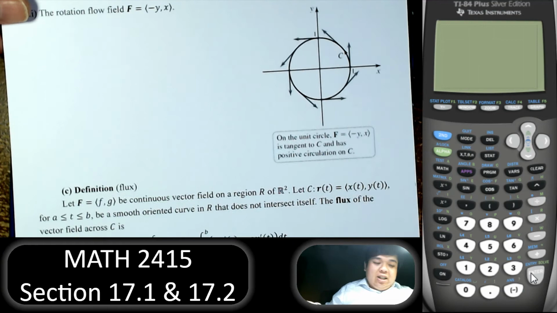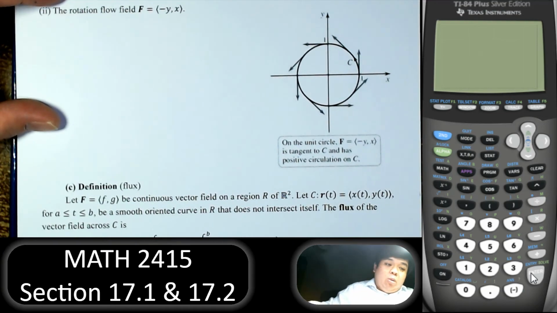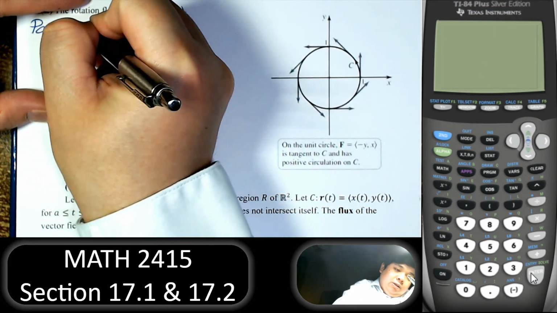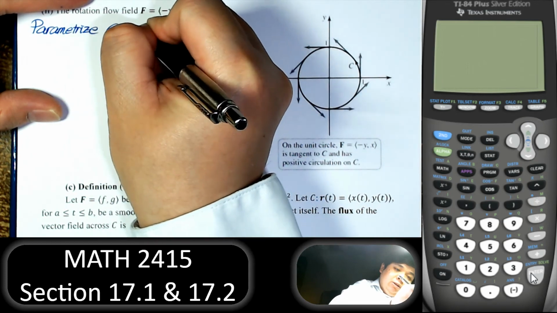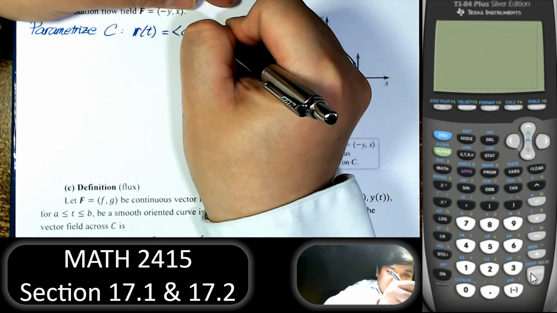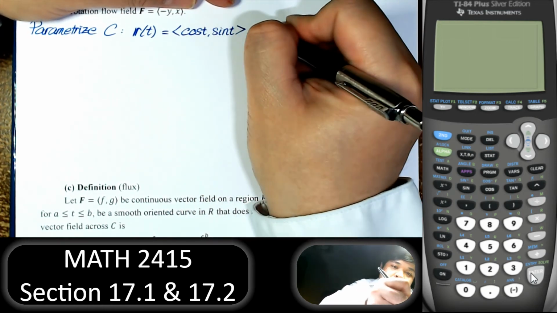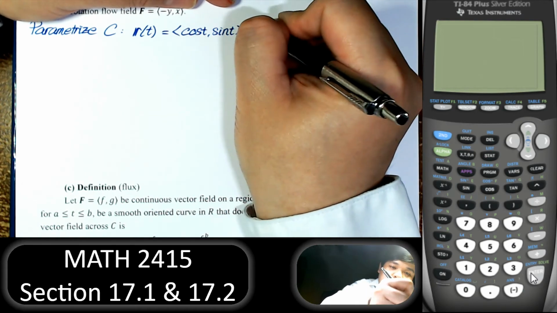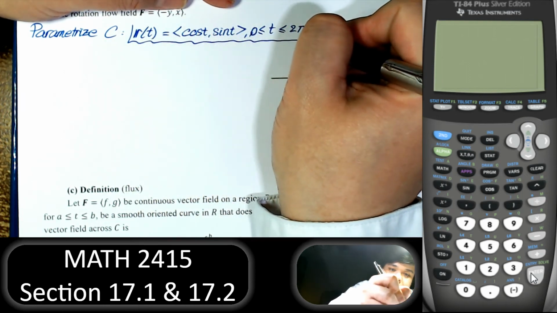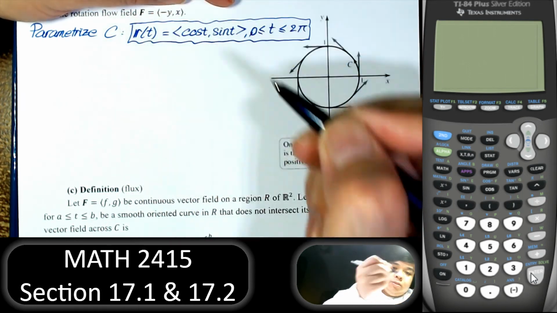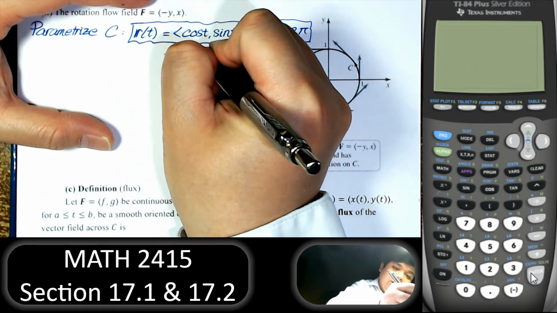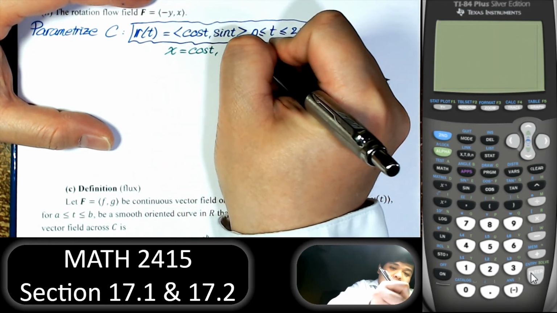Right, next, the same thing on the unit circle, so the same parameterization. It's cosine, sine, right? t between 0 and 2 pi. x equals cosine t, y equals sine t.